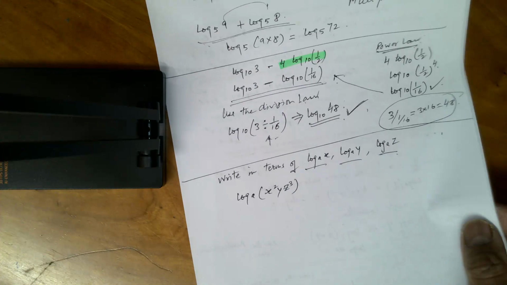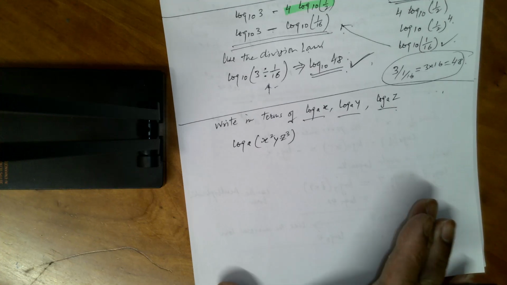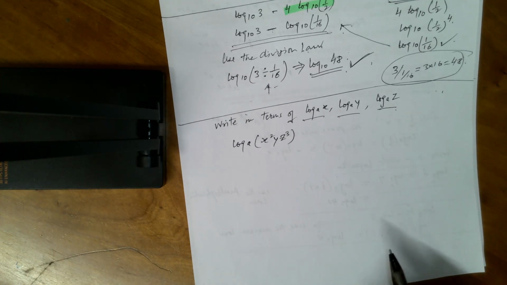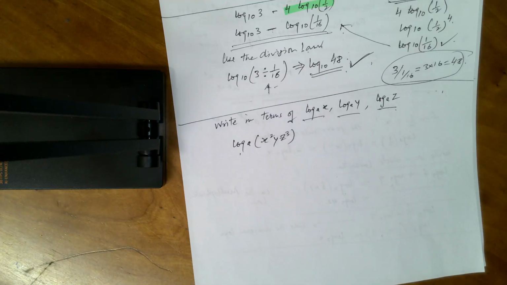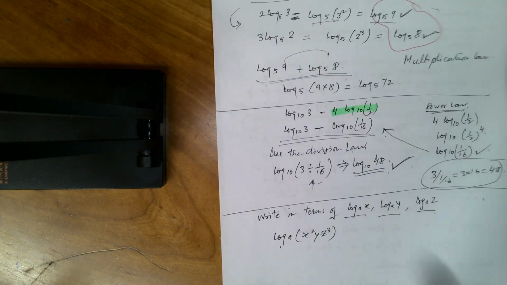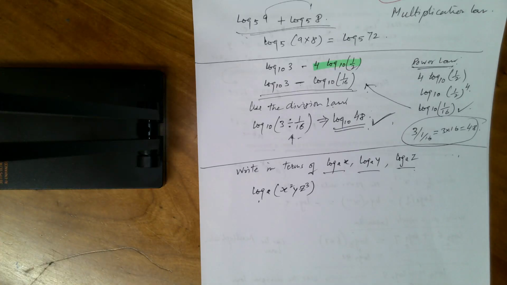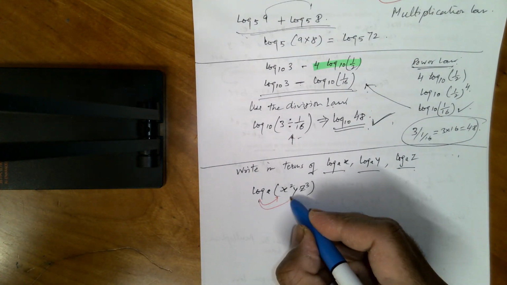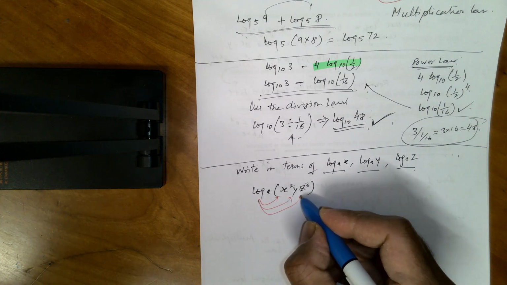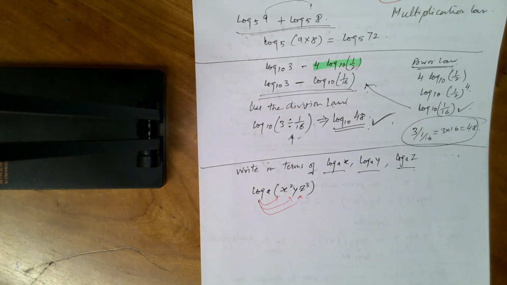Okay, how to do that? You just take them individually. So what you do, you take this first, then y, so the x, y, and z.